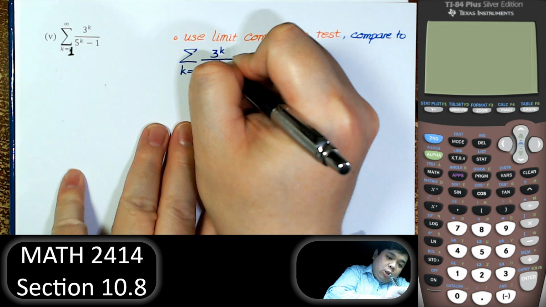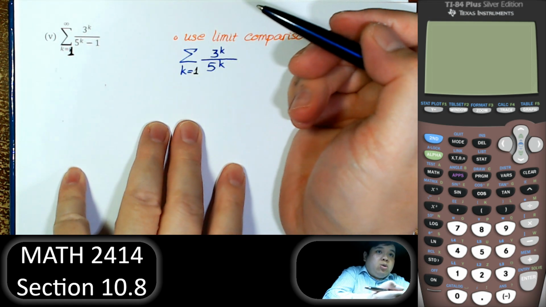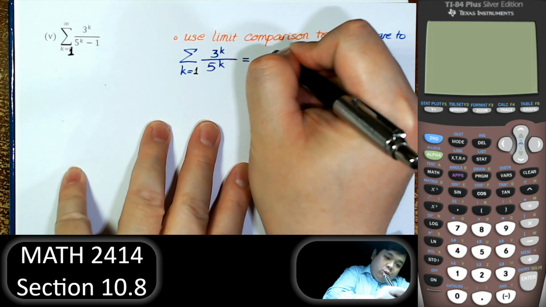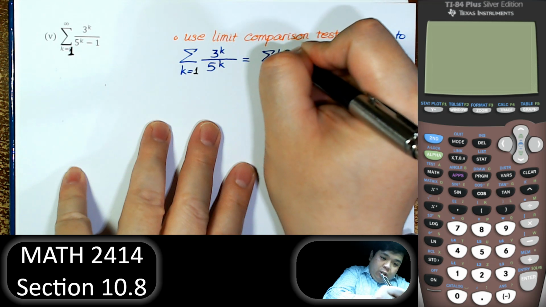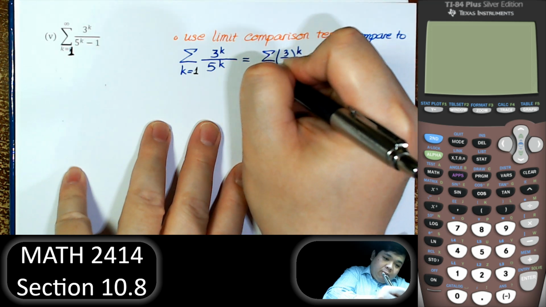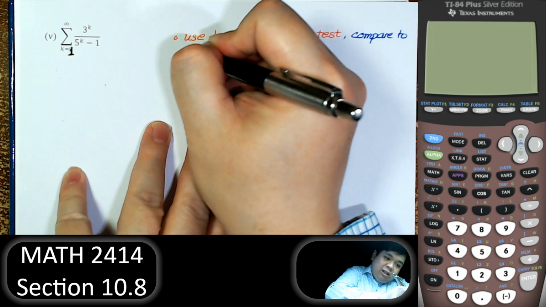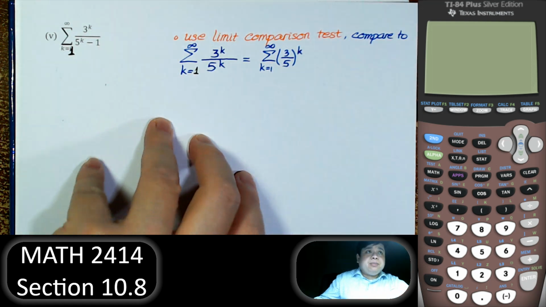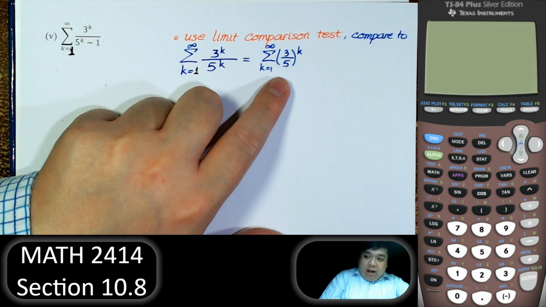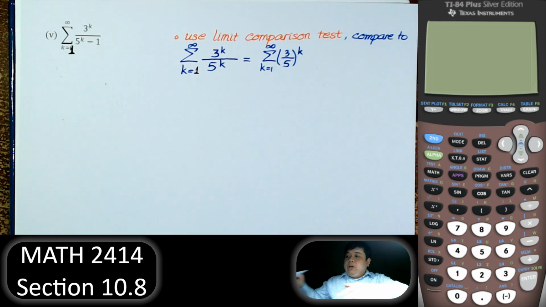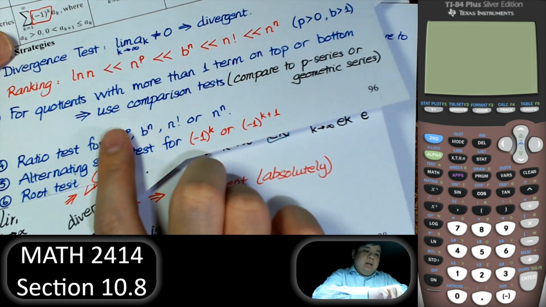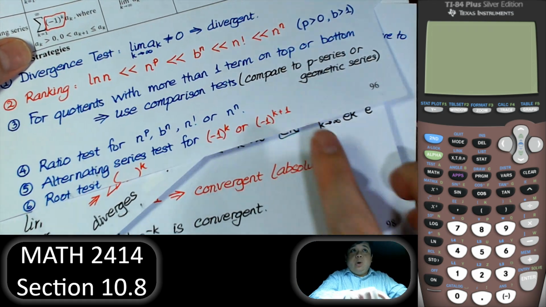So what we actually compare to is just this, ignoring the 1, because 1 is significantly less than 5 to the k. So we compare to this, which we'll put together into 3 and 5 to the k, because both of them have power of k. So what kind of series is this? Well, if you say it's a geometric series, then you are correct. As mentioned before, usually when we use the limit comparison test, we compare to the p-series or the geometric series.